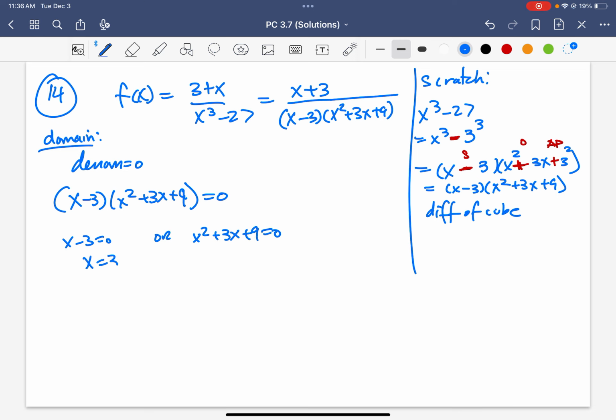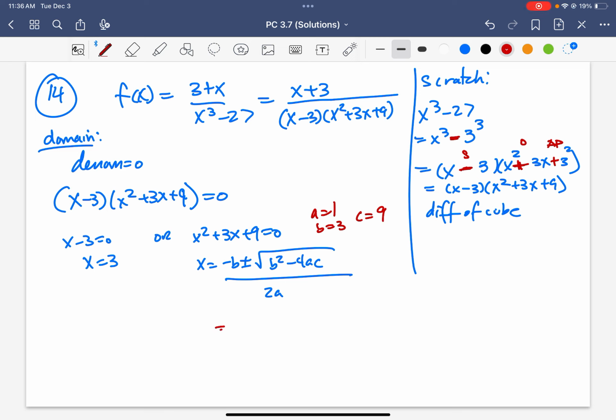So you get that x is equal to 3, or I guess I'm going to have to do negative b plus minus square root of b squared minus 4ac all over my 2a, where a is 1, b is 3, and c is 9.